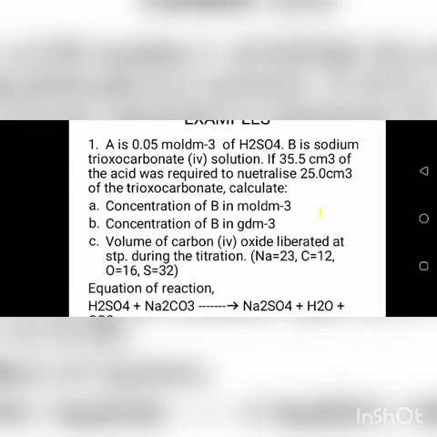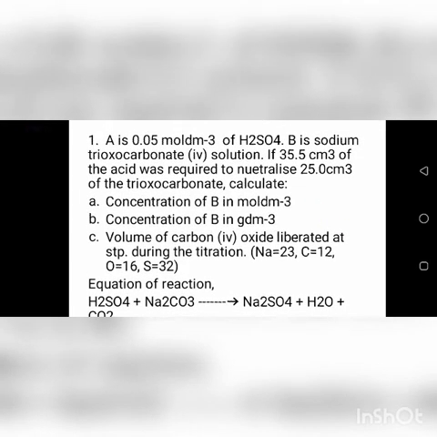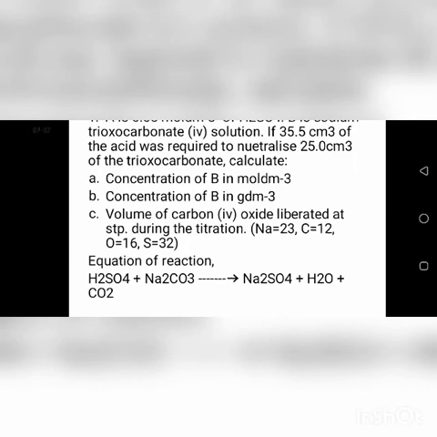If you look at this question very well, Ca has been given to be 0.05 mole per dm³. Cb is unknown, and that is what we are required to calculate. Va has been given to be 35.5 cm³, and Vb is 25 cm³.